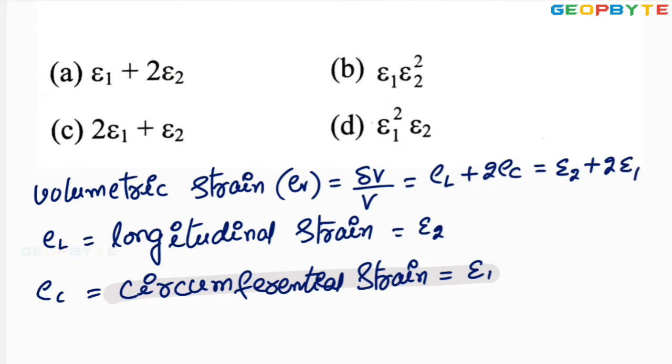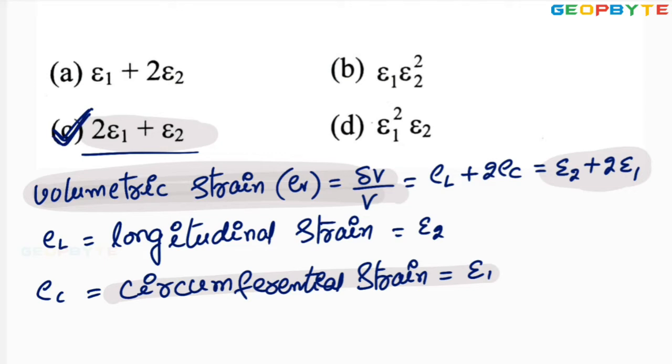So this is the change in volume per unit volume. Here change in volume per unit volume is indirectly volumetric strain, equal to epsilon 2 plus twice the epsilon 1. Look at the option C, epsilon 2 plus twice the epsilon 1. Therefore, option C is absolutely correct. I hope all of you understood.